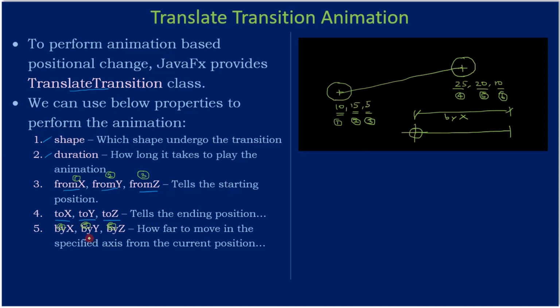For that, you can use by X, by Y, and by Z. So it states how far to move in the specified axis from the current position. So this is the current position. So amount to move. So here I just specified X only. If you want, you can specify Y as well as Z, that is pointing towards you.